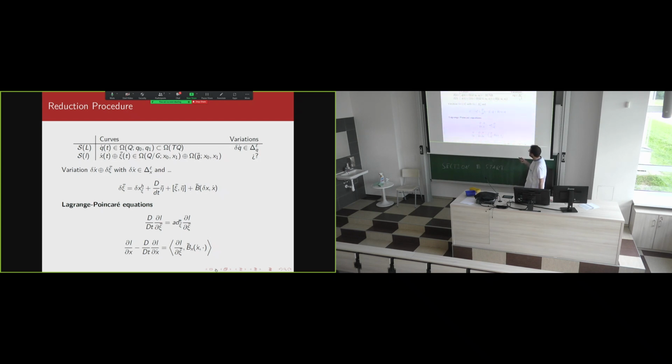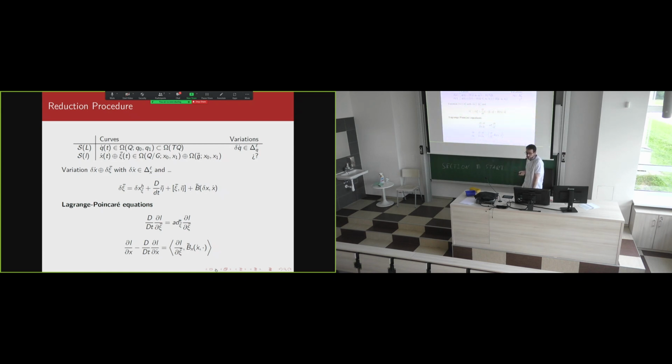What changes is that now, since I have the splitting, the free variations I had here, free in the sense that you can vary the curve but the extremal points are fixed, when you consider them in the quotient, have this second part, the part in the adjoint, which has this particular form.